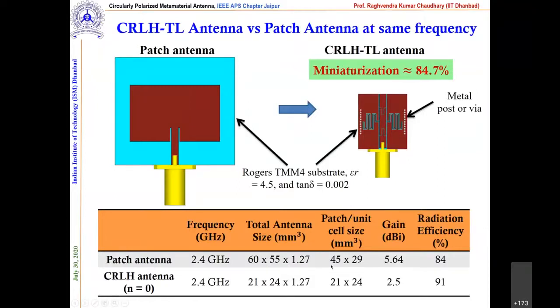Correct. So the gain is definitely less, but it could be utilized for some applications. And here, if you see the characteristics, correct, we managed almost the same bandwidth. Correct. Gain is quite less. Correct. And the radiation is comparable. So what we did here, we just added some metallic posts.